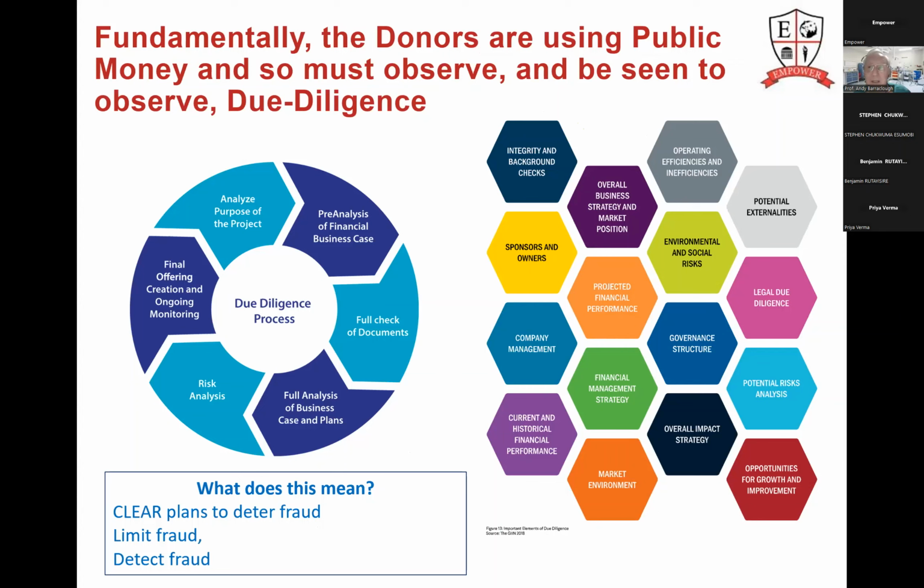So what we mean by due diligence, we're going to check everything. Financial case, check the documents, business case, risk analysis, we've talked a little bit about already, monitoring and analyzing the project all the time. All of that is going to go into the PSM plan.